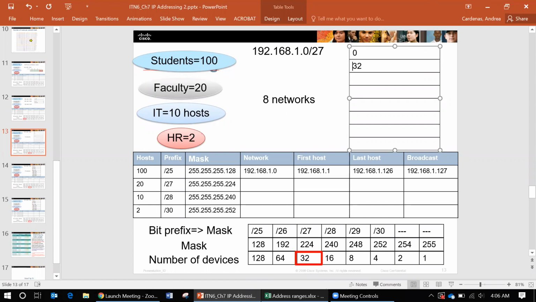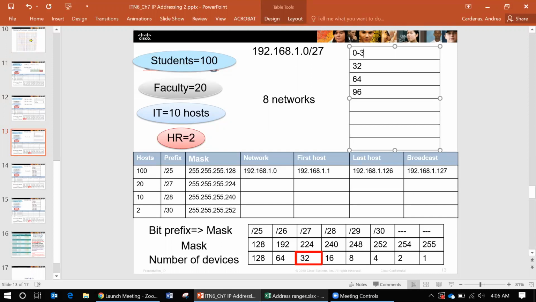So 0 plus 32 is 32. 32 plus 32 is 64. 64 plus 32 is 96. Okay, and we'll continue that in just a little bit. But another thing that you want to know is, how does that range end? Basically, right before the next one begins.